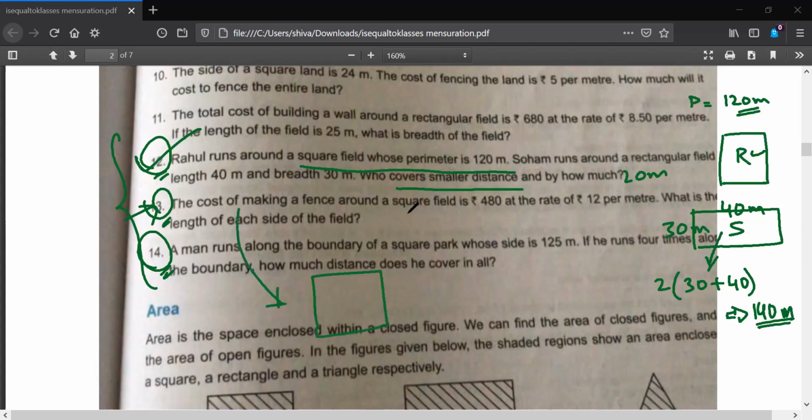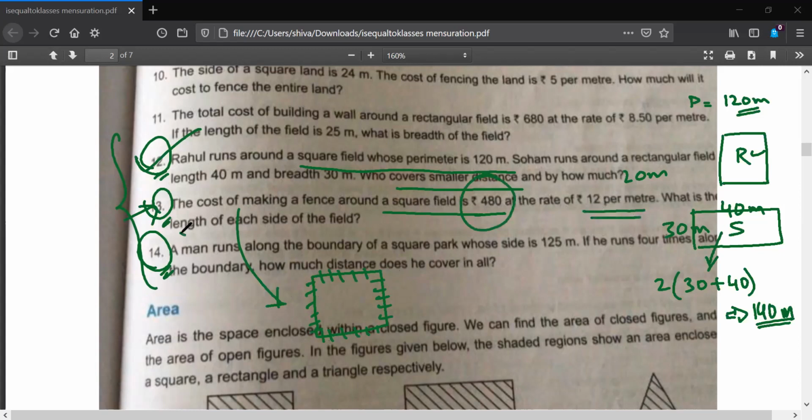So it's a square field. The cost of making a fence is rupees 480. So the fencing cost is rupees 480. It is 12 rupees per meter.